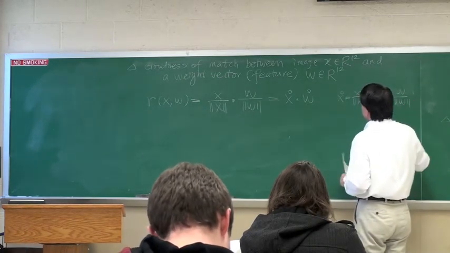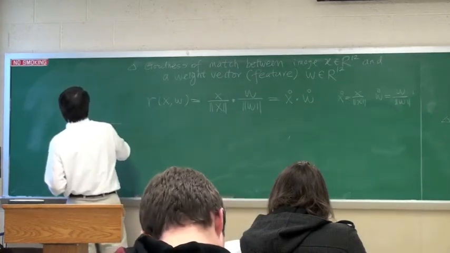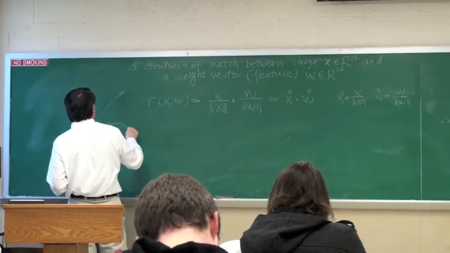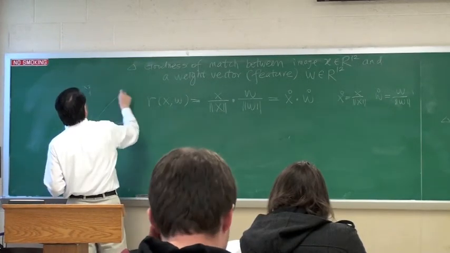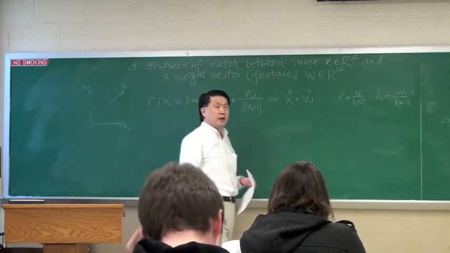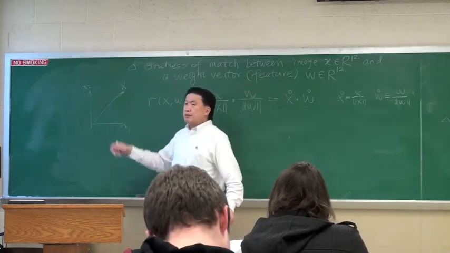So what does the unit vector mean? It means that originally your vector, with components x1, x2, x3, could be very, very long. In the beach case, it is 1,000 long, and indoor, maybe 1.